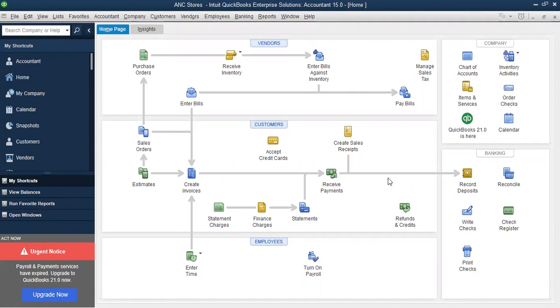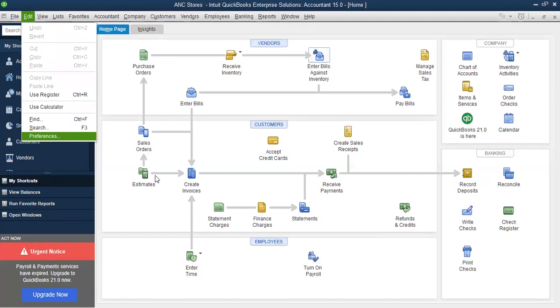So the last one is multi-currency customization, or setting. Multi-currency customization. We go to preferences, where we collect settings under preferences here.